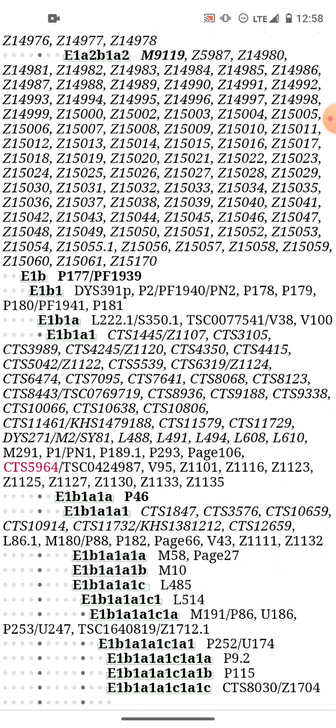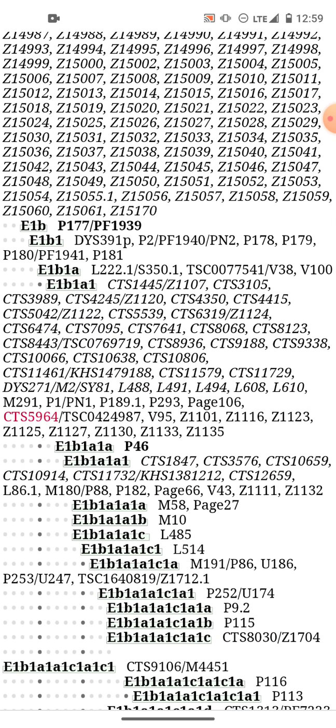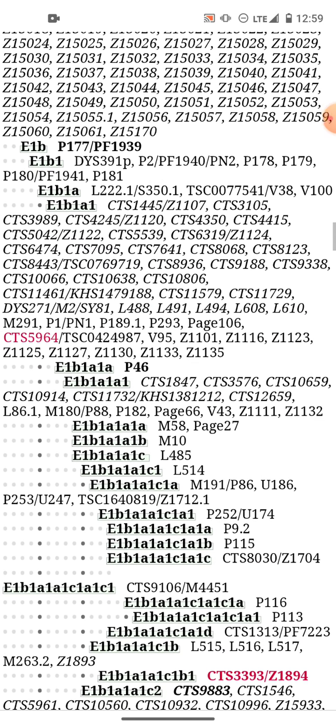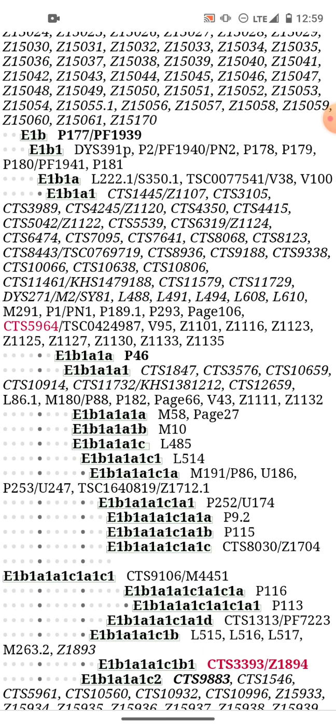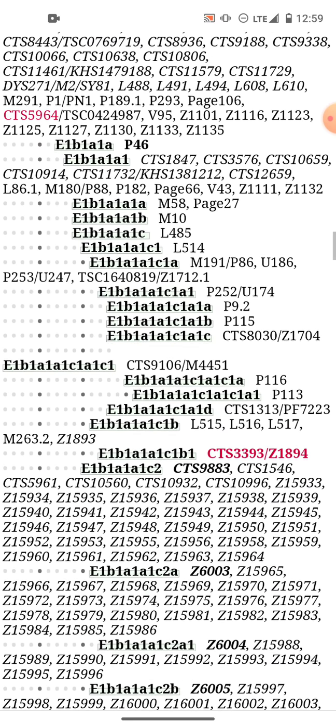So E1b1a is also known by other reference points as V38, V100, E3a, E-M2. So what you're looking at is the information broken down into branches, like a lot of branches.